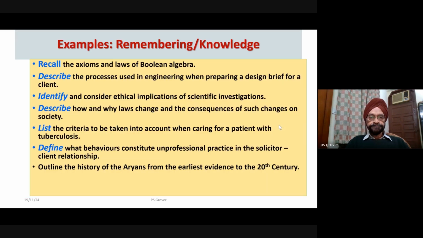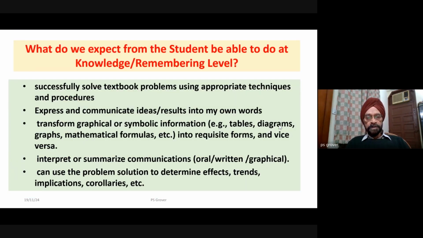Now, when I say remembering, what do we expect from the student to be able to do at the knowledge and remembering level? Successfully solve textbook problems using appropriate techniques and procedures. That means the student's knowledge is limited to what he has learned from the textbooks, what techniques he has learned, because he can remember those techniques.